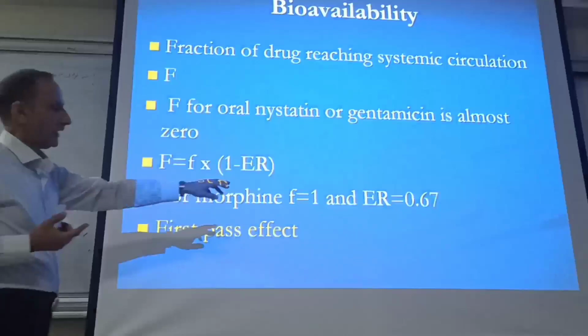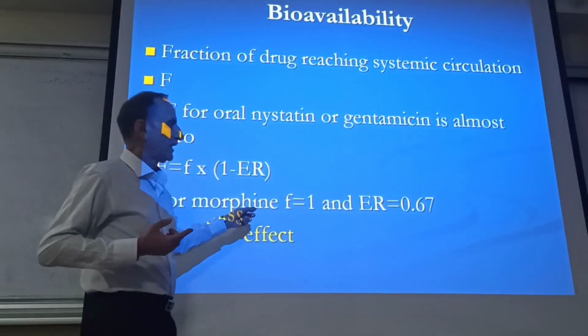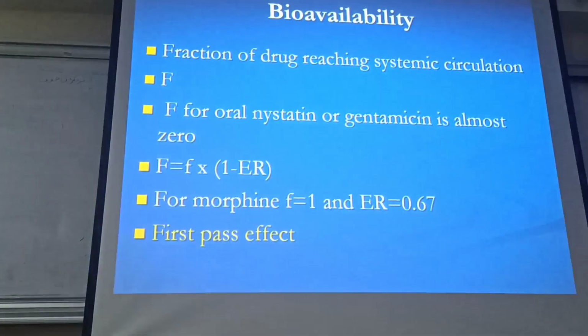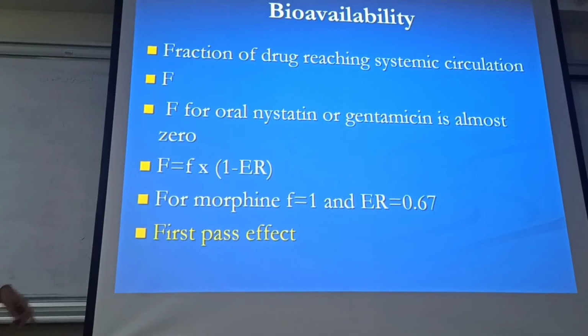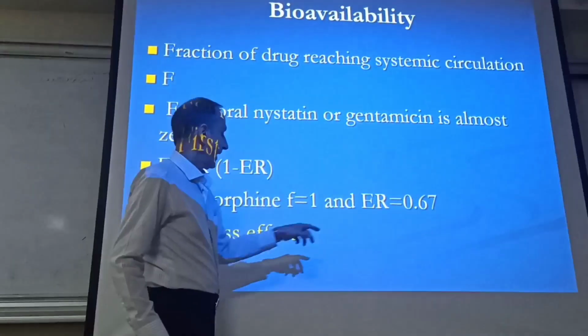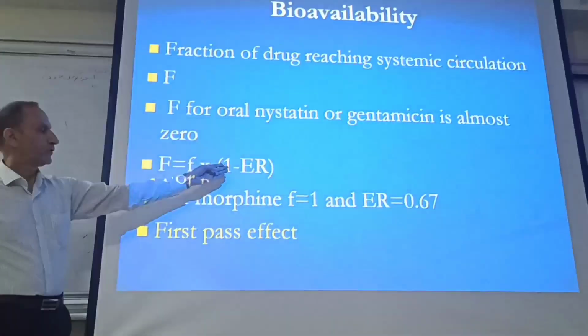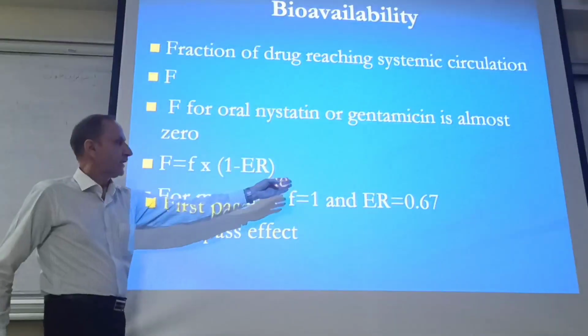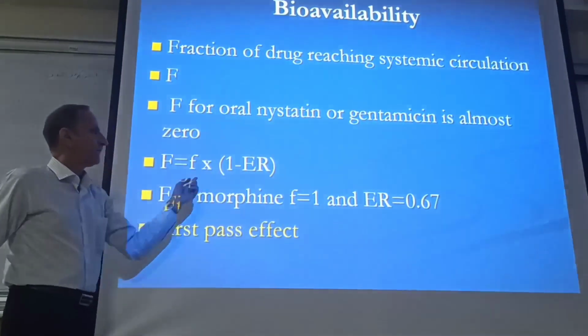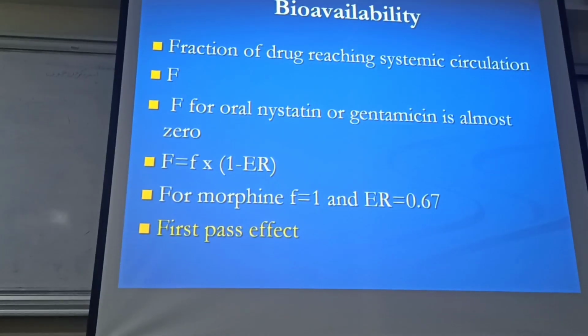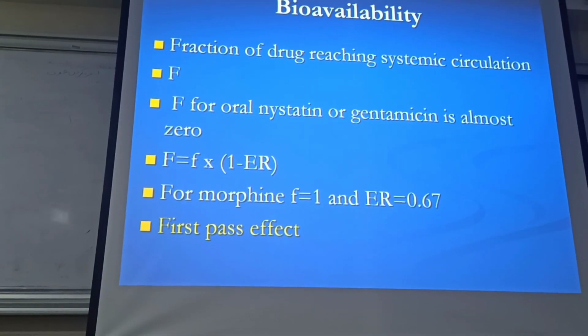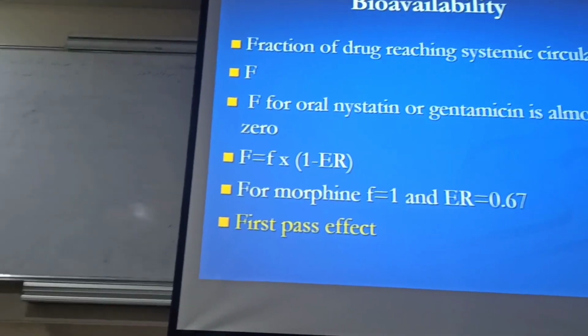The extraction ratio in this case is 0.67. If we put this number in this formula, we have 0.33. This is the bioavailability.